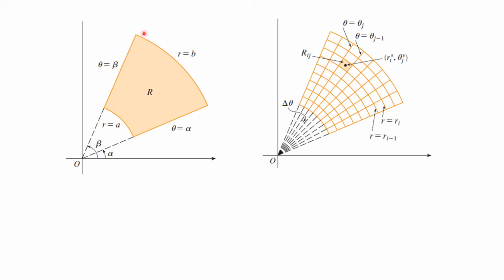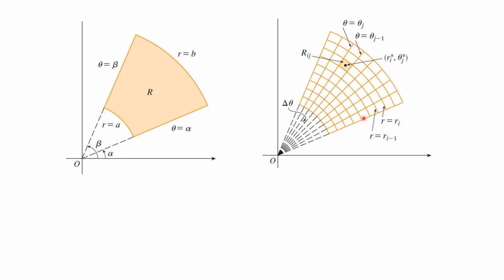And our r here is equal to b, and here equal to a. As we mentioned a while ago, we divide the width, so this would be our a and this would be our b. That's why you have (b minus a) over m, and for this case, you have (beta minus alpha) divided by n.